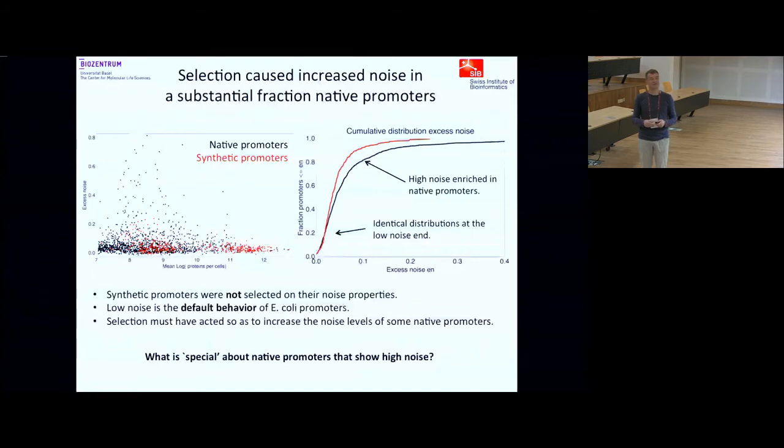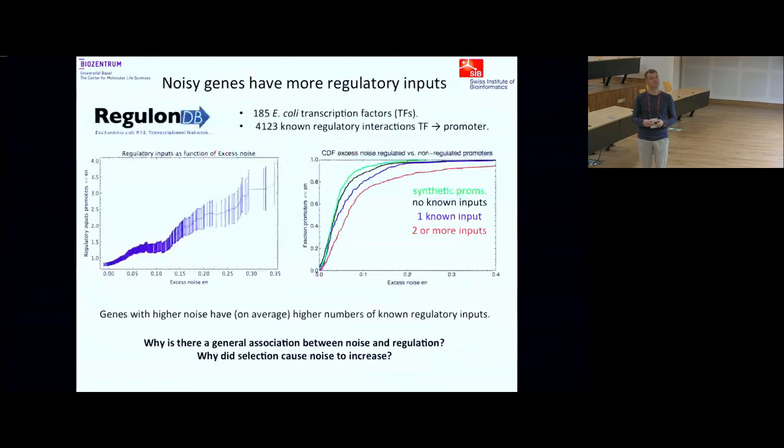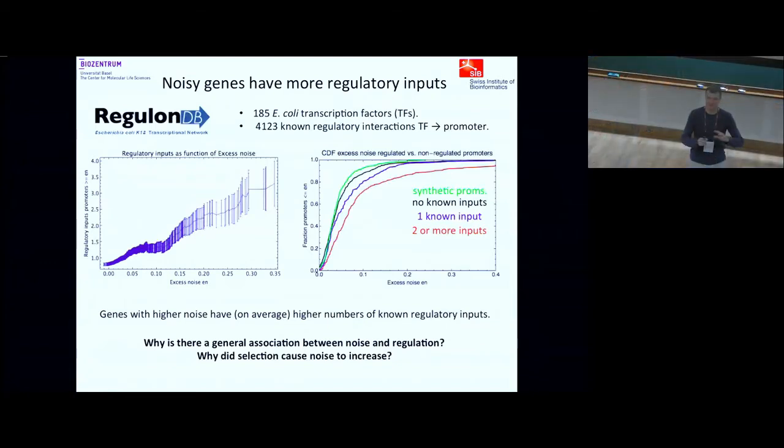So what is special about native promoters that show high noise? All right. So there again, I want to make a side remark. In biology, maybe the default way of thinking that you've learned about science is that when you look at variables that have nothing to do with each other, they should be uncorrelated.